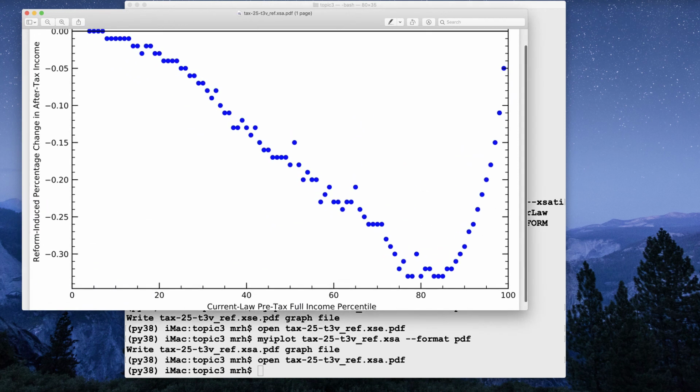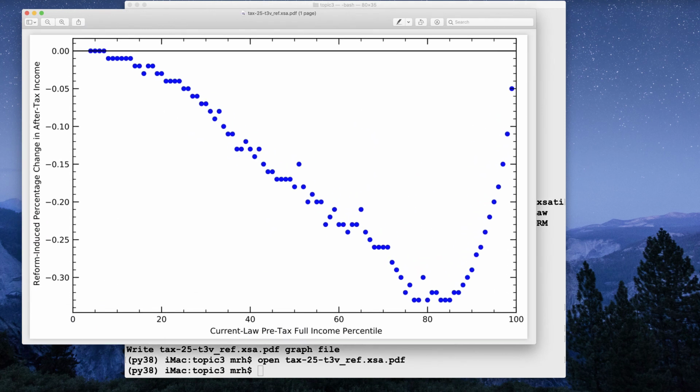It's the same idea. It's the same x-axis. We've got the same 100 groups. And what do we have over here on the y-axis? It says reform-induced percentage change in after-tax income. So what's after-tax income?